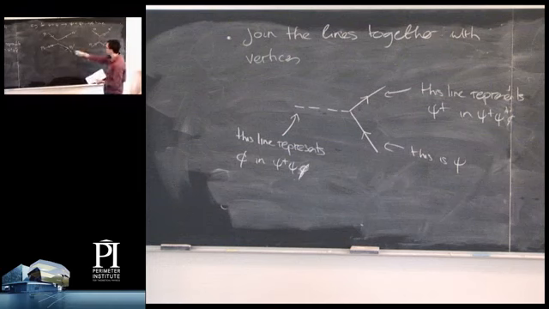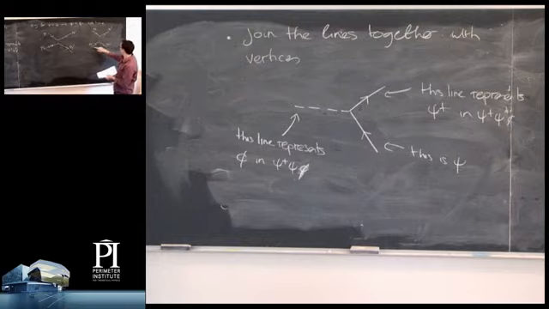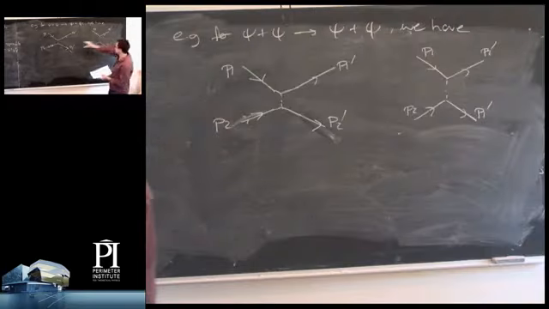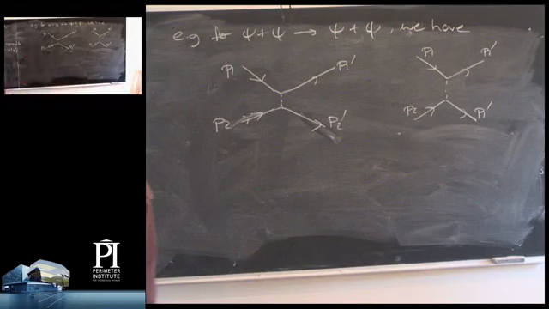This diagram is different from this diagram because these particles here are being exchanged. So these are 2 diagrams, but there are also more complicated diagrams that we could draw. So we could draw something like the following.